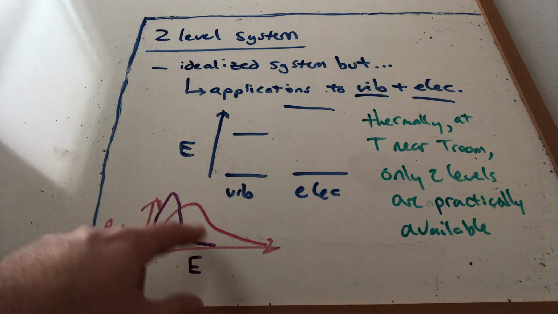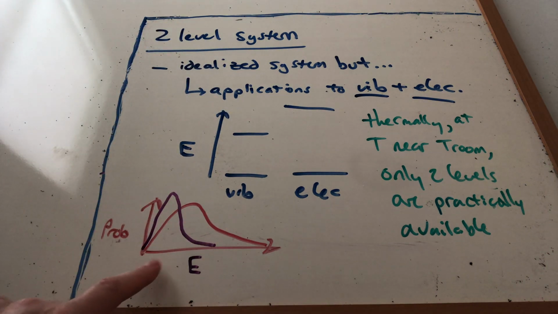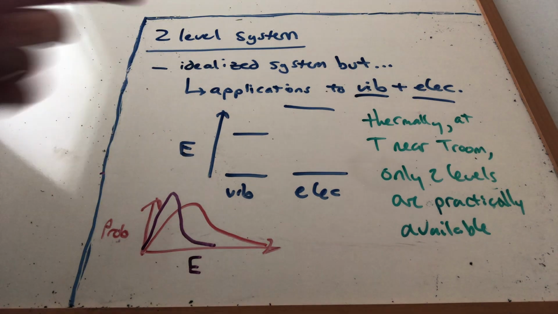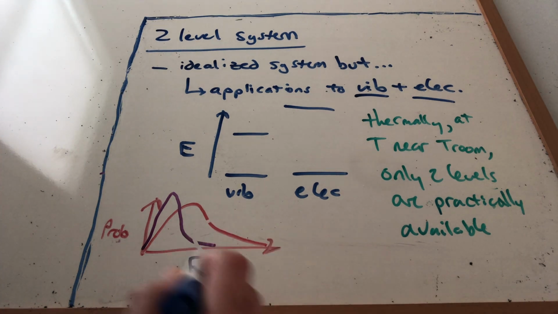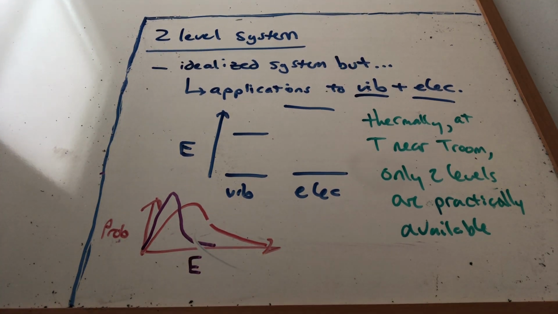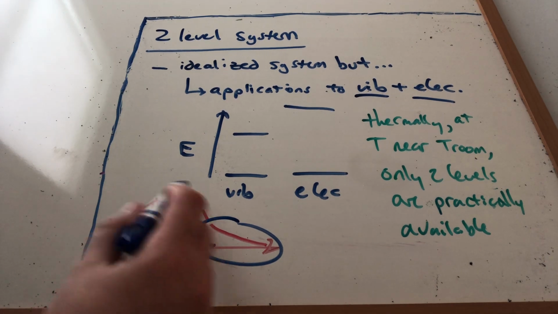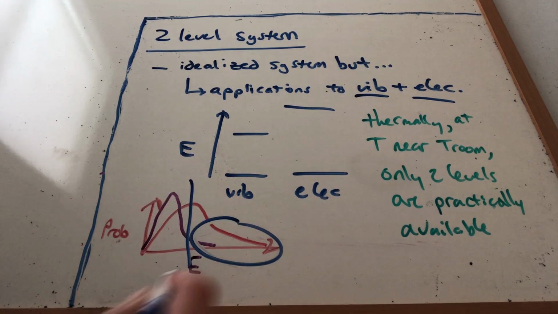Remember that temperature affects these distributions in terms of motion. And so it's going to have a similar effect here in terms of which one of these states are available. We'll actually see that with the two-level system. As you go to higher temperatures, you get more probability to be able to go to higher energies, okay? But for the most part, at low and high temperatures, you're populating energies that are on the low end of things.